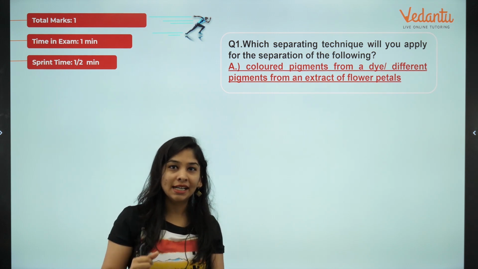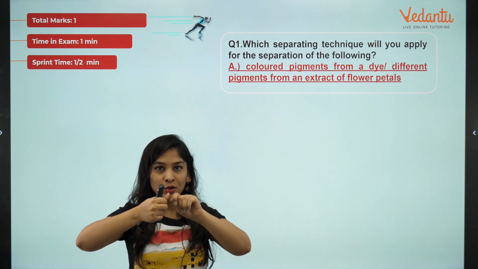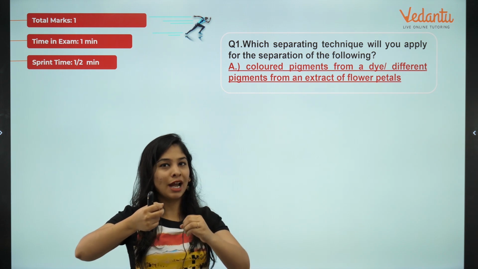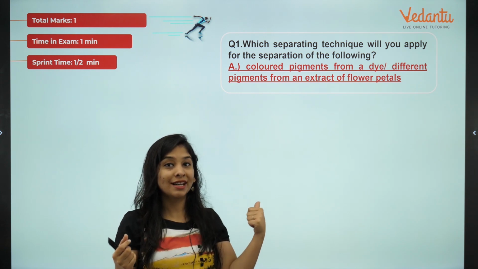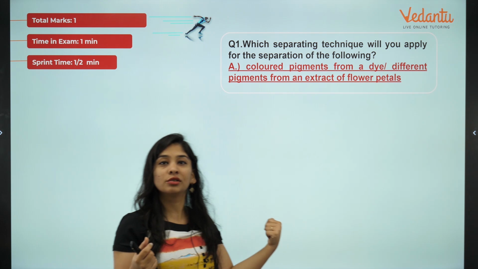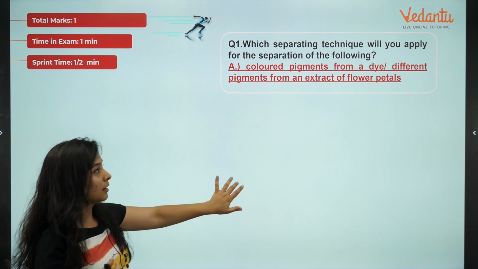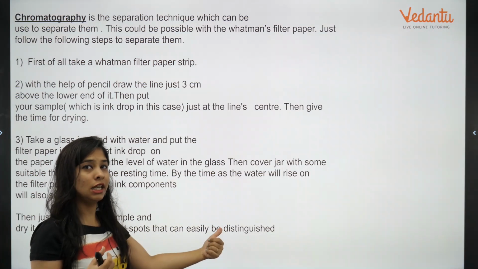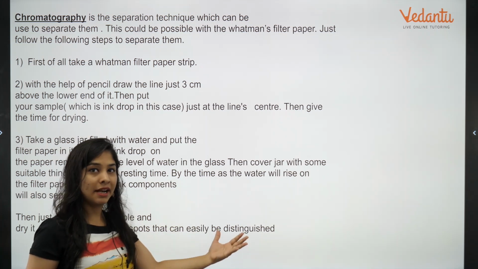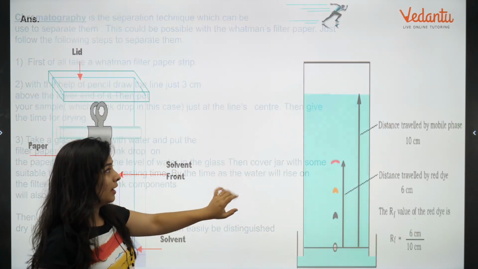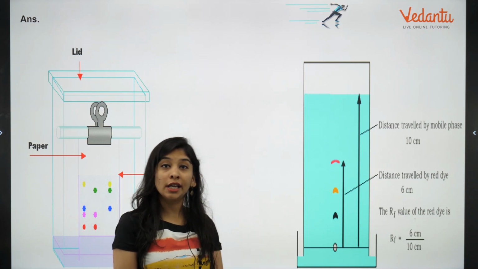We can separate that as well if we squeeze it and take out the extract from it. There is a special technique which we are going to discuss. So let's start. I have attached the solution, but let's first understand how we do it. This technique has a particular name.